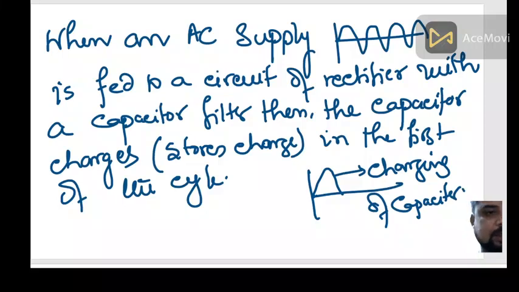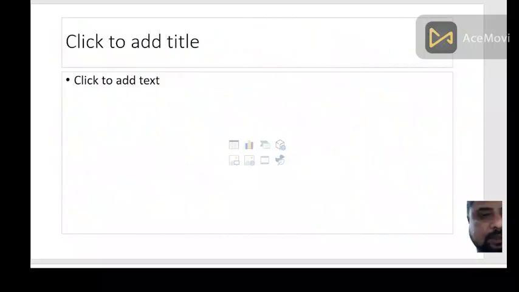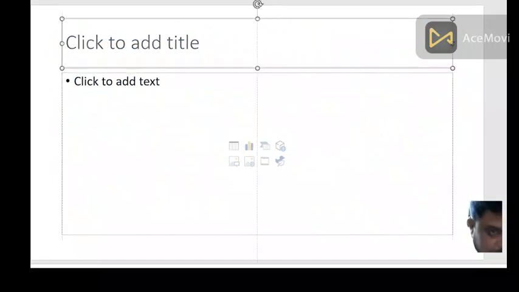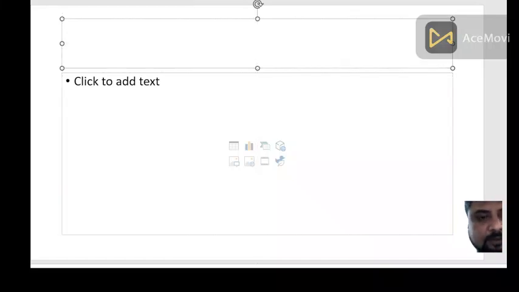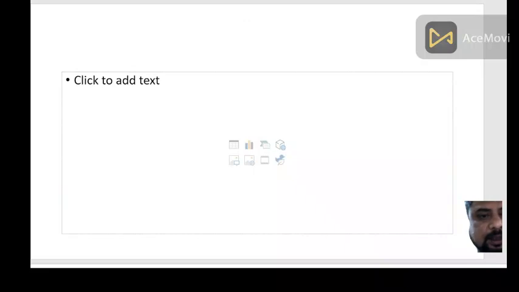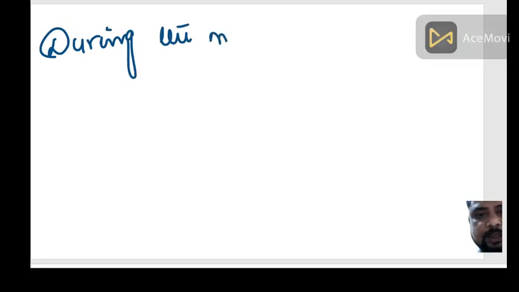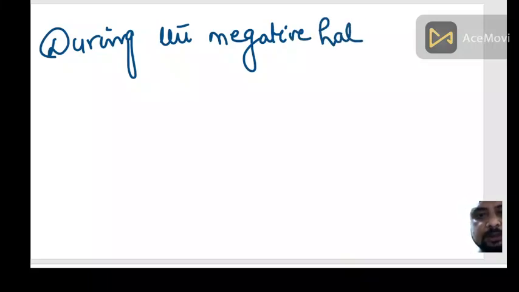During this time charging of the capacitor occurs. It is storing energy in the form of an electrostatic field. And during the negative half, the other half, the capacitor discharges, it releases all its energy.